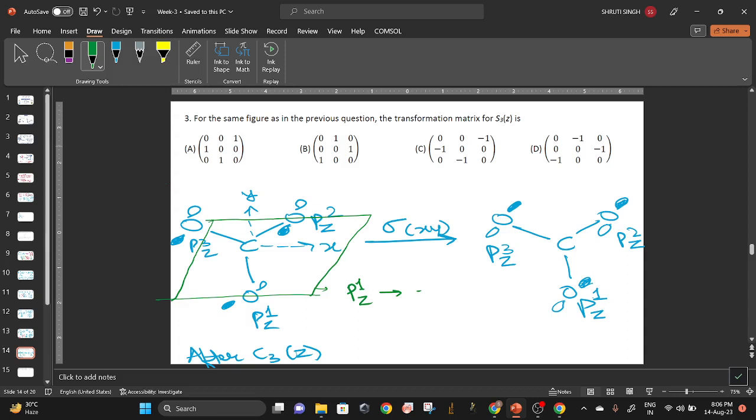It became minus pz2. pz2 became minus pz3, and pz3 became minus pz1.